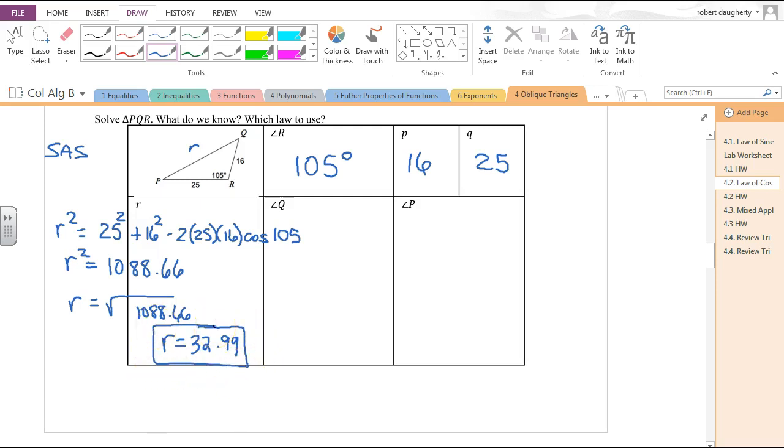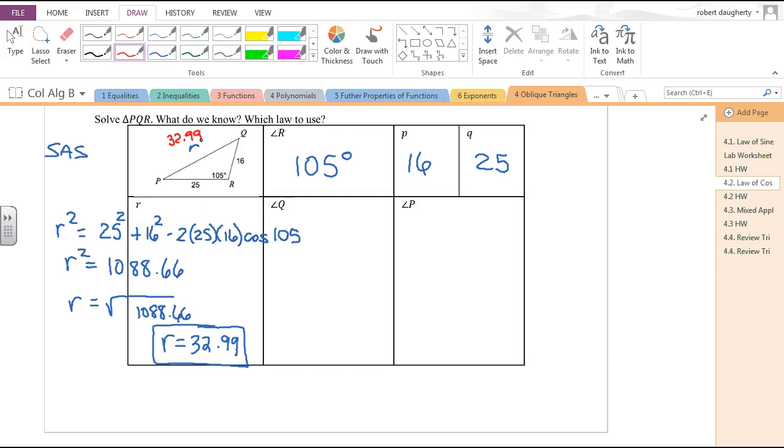Now here's the other big thing with the law of cosine. If we look at it, I know that this side is 32.99. Now, do I know an angle and an opposite side? Yes, but please don't use law of sine. Once you start law of cosine, never switch.